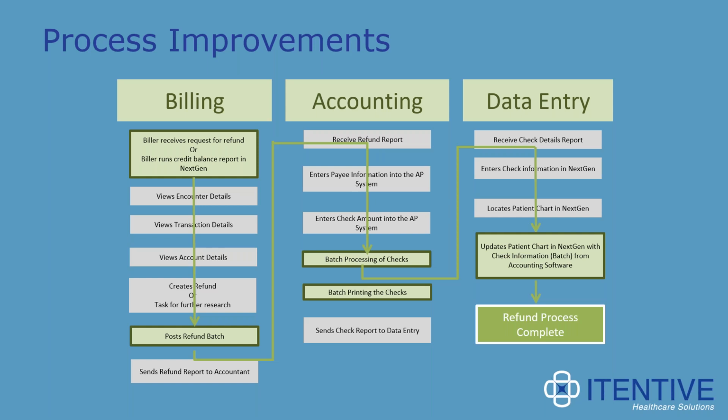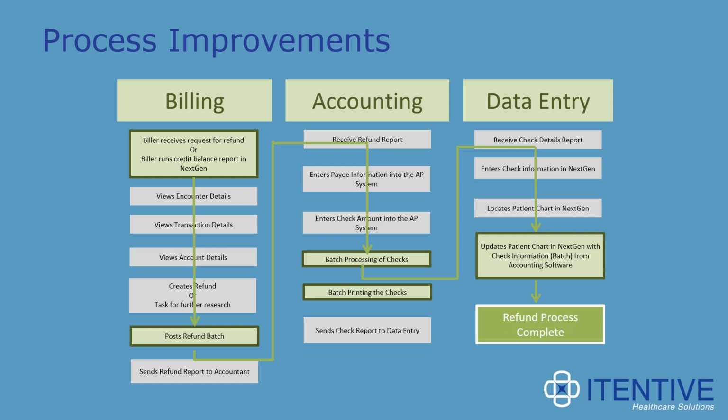When you have a credit balance on your patient account, you'll probably process it in one or two different ways. One way would be a patient calls up and says, I have a credit on my account and I'd like to have a refund issued to me. That's a reactive manner.